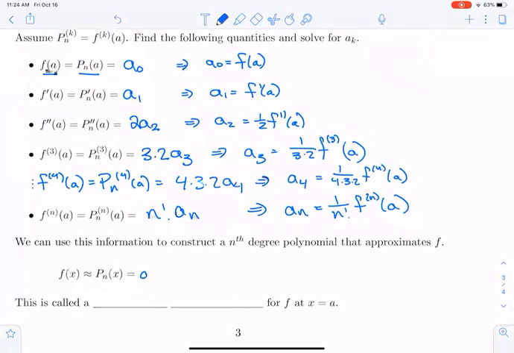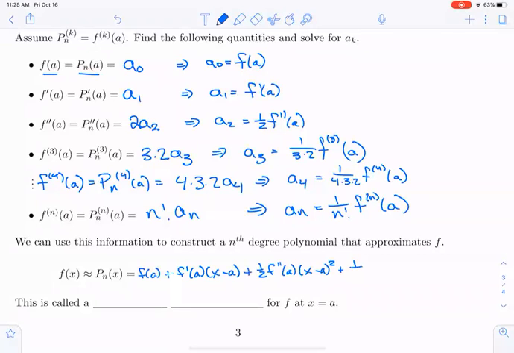It's going to be f of a plus f prime of a times x minus a plus 1/2 f double prime of a times x minus a squared plus 1 over 3 factorial third derivative at a times x minus a cubed.